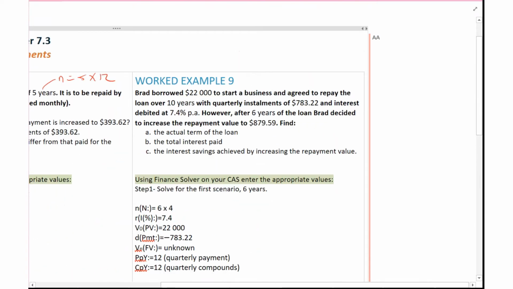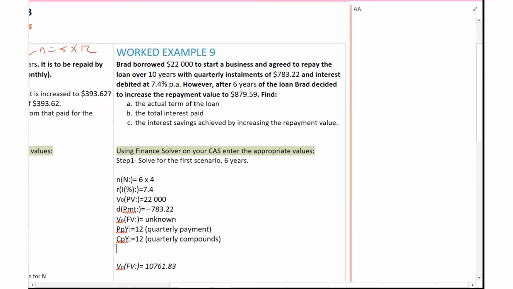All right, here's the last example for this video. In this one, Brad's borrowed 22 grand to start a business and agreed to repay the loan over 10 years with quarterly installments of 783, debited with interest at 7.4% per annum.